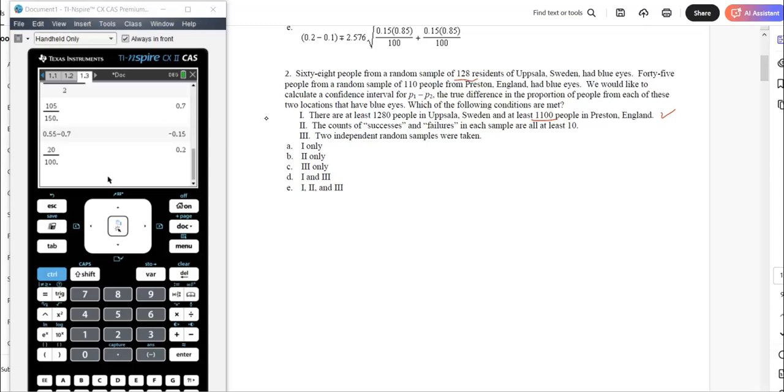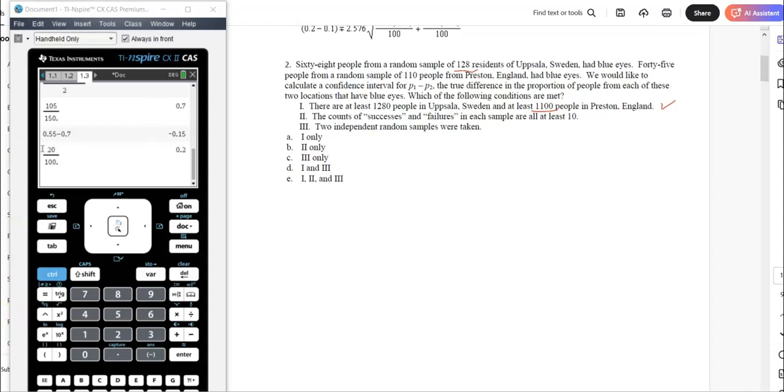They'd have to be awfully small towns for that not to happen. Wait, 68 people from a random sample. I've got to look at this for a second. Okay, so yes, 128 is the sample size, not the number of residents. So those both seem reasonable.